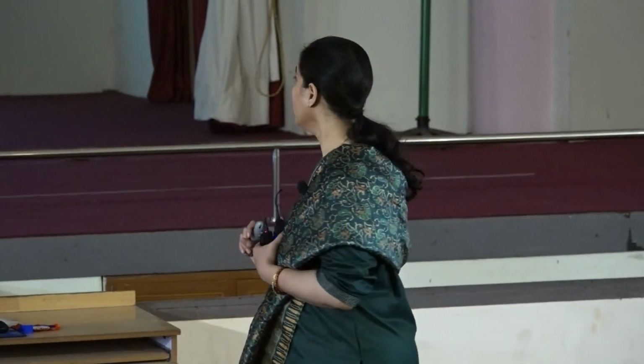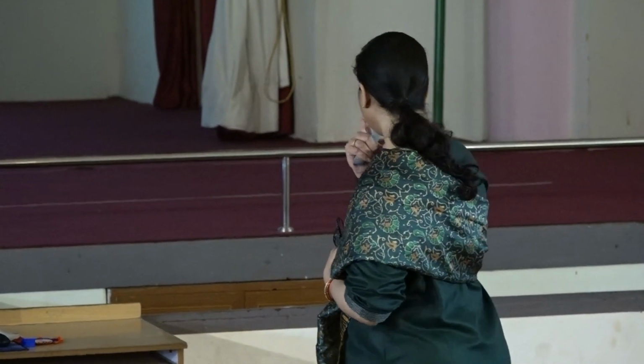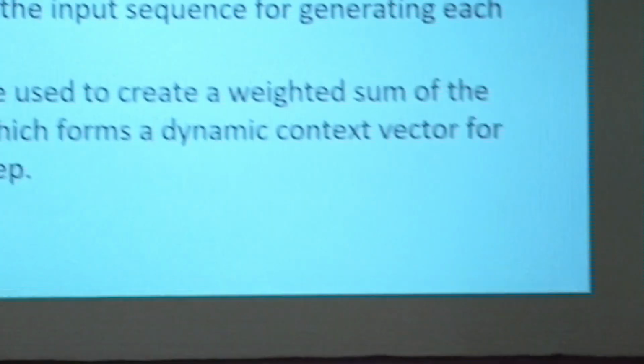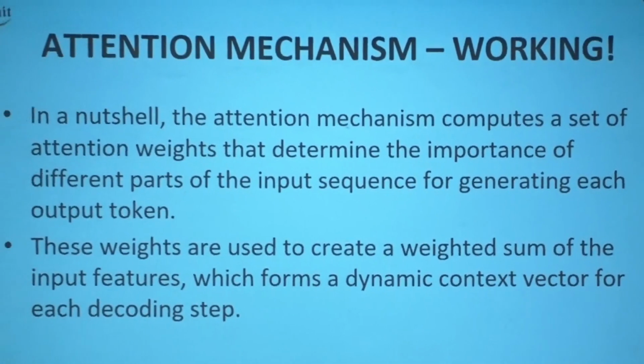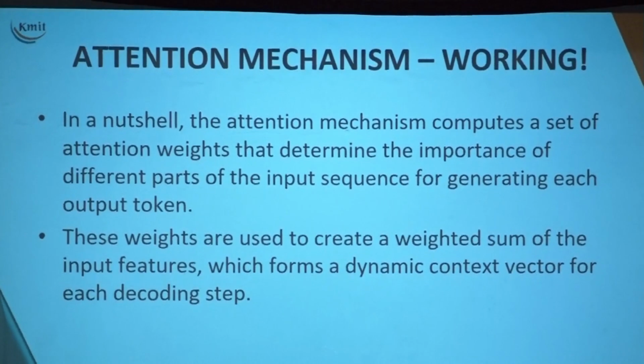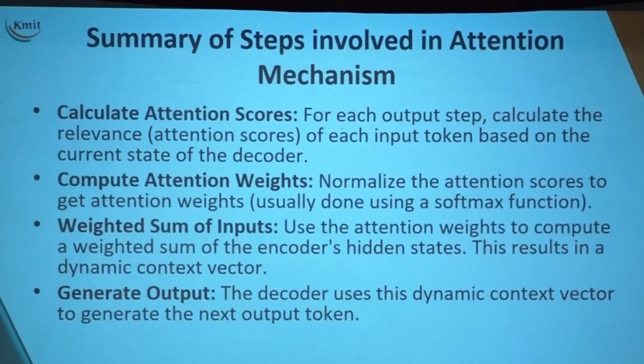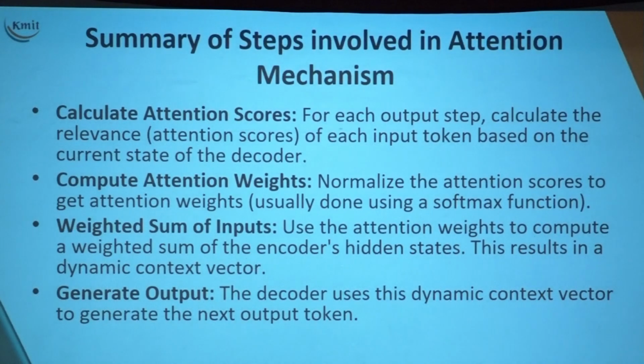Now, these weights are used to create a weighted sum of input features which forms a dynamic context vector for each decoding step. Clear enough, guys? Now, what is the summary of steps that we did? Calculate attention scores by using a suitable mathematical function, calculate attention weights, take the weighted sum of inputs, and then generate an output.